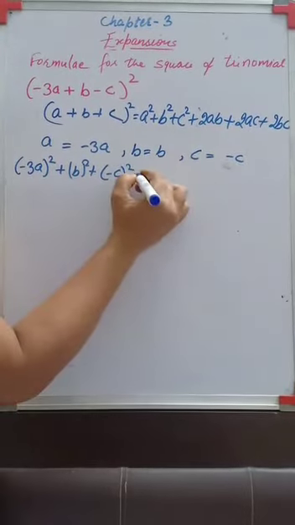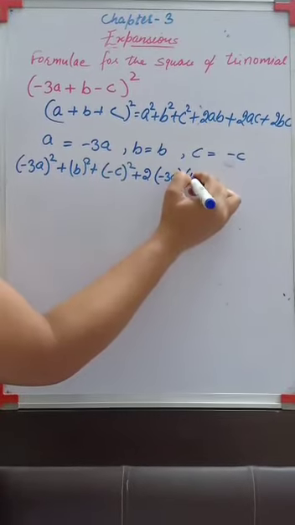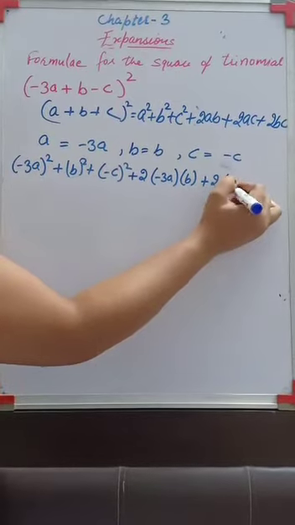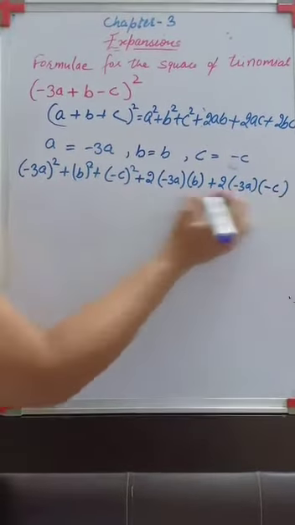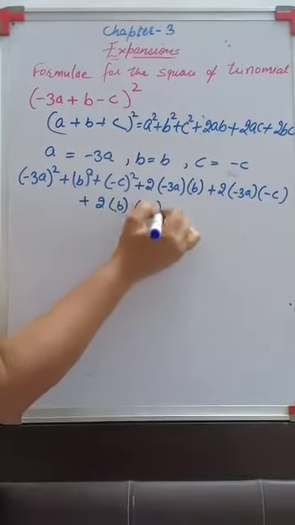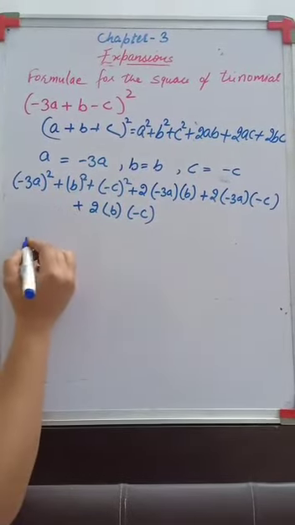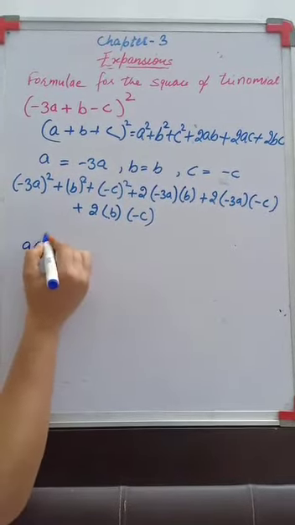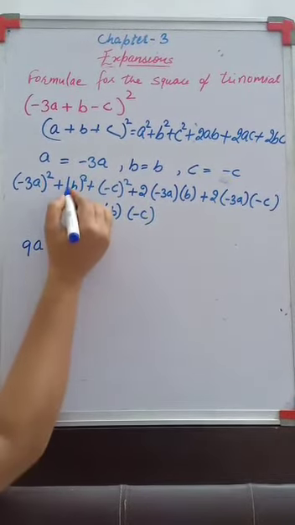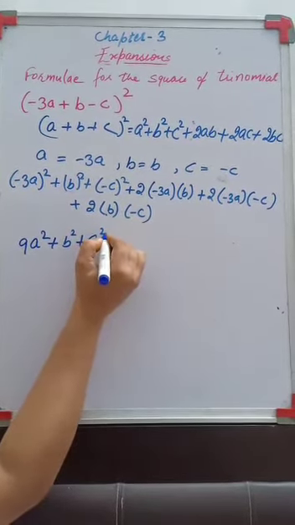Plus 2ab, plus 2. A is how much? Minus 3a, and b is how much? b. Plus 2ac, a is how much again? Minus 3a, and c is minus c. Plus 2bc, b and c, right? Then solve it, what you will get? (Minus 3) square, minus will become plus, so it will be plus 9a square, plus b square plus c square, right?